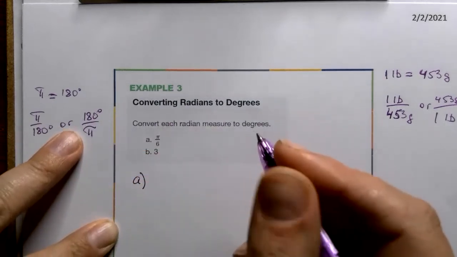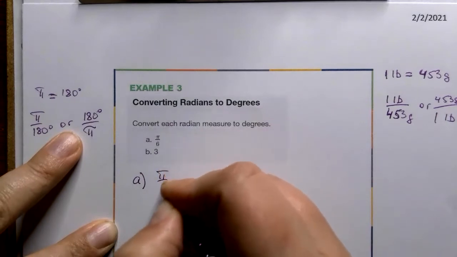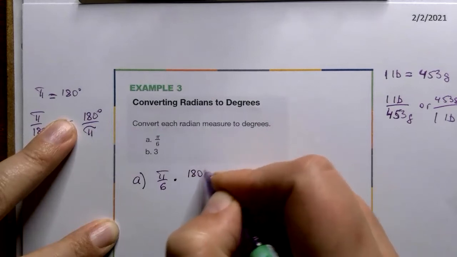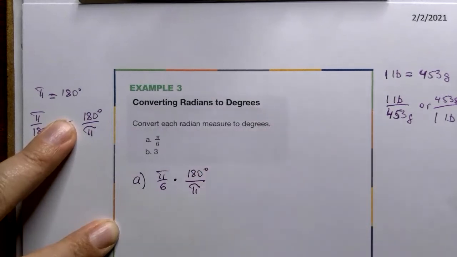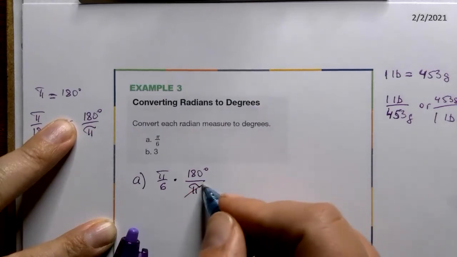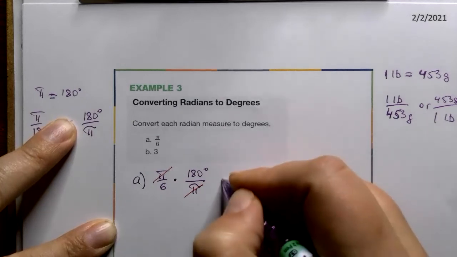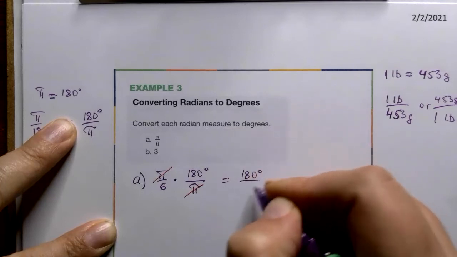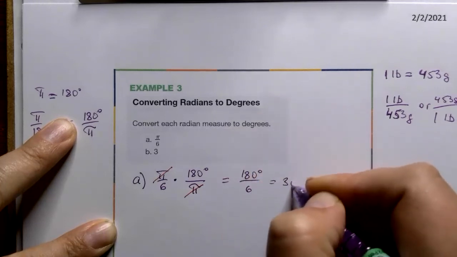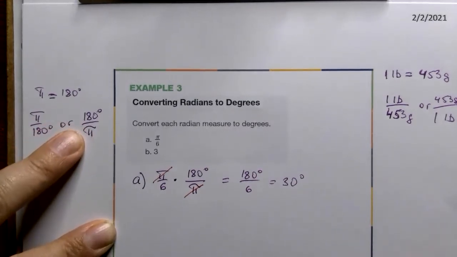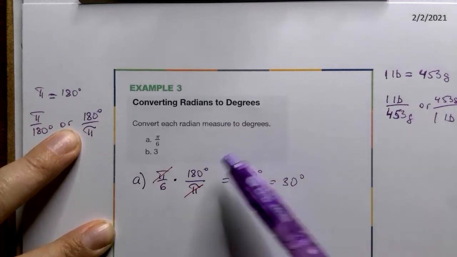Let's go ahead and do it. We have pi over 6 to start with, and we multiply by 180 over pi. And you see how the pi's cancel out, the radians cancel out, rather. And we're going to have 180 degrees divided by 6, which will give us 30. Okay, so this is the unity fraction that you will use to convert radians to degrees.